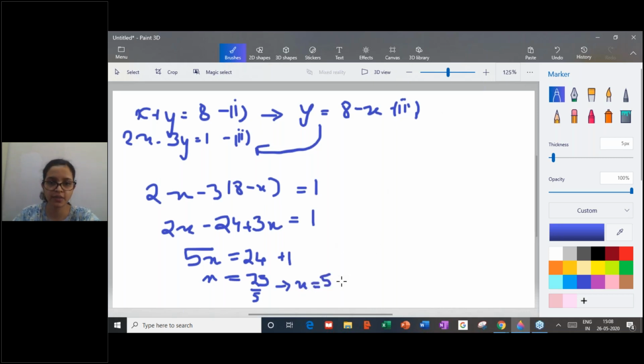And how do you get the value of y? Substitute x back in the third equation. So you will get y is equal to 8 minus 5, or y is equal to 3.